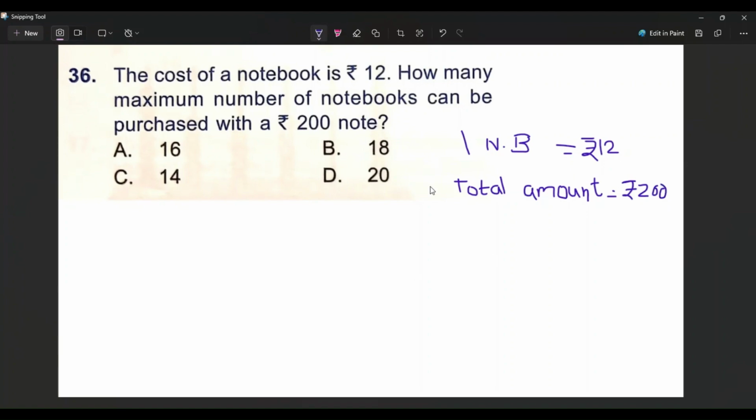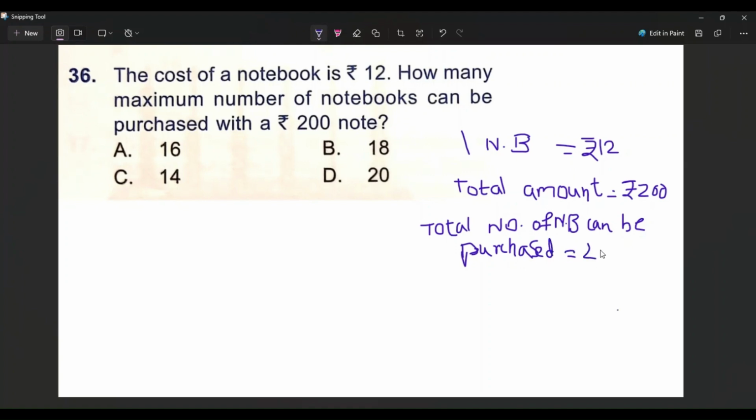So maximum number of notebooks can be purchased is nothing but total amount divided by one notebook amount.